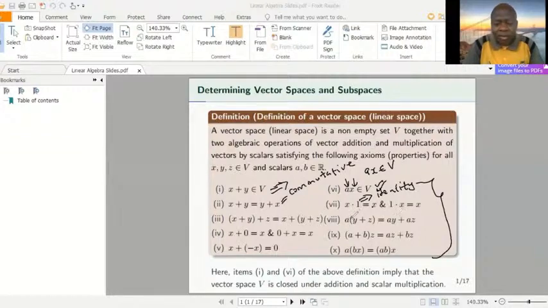And then we have this distributivity property. This is the scalar distributivity.